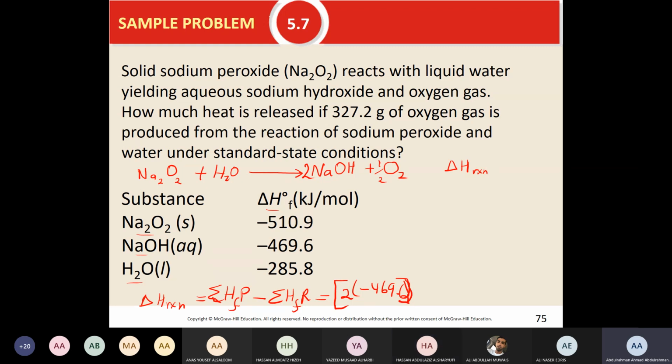How about oxygen? It's not put here. It's 0. Nobody put it here for you because it is 0, and that's why it's not written here. So this is only the other one, or I can put it actually.